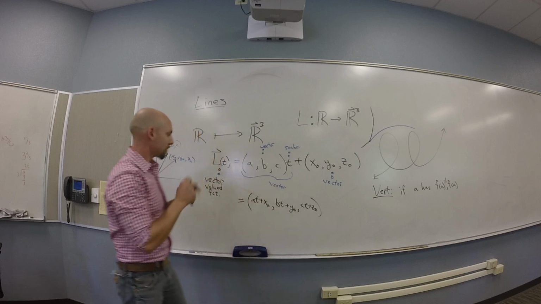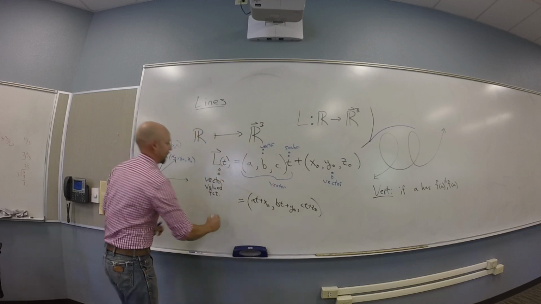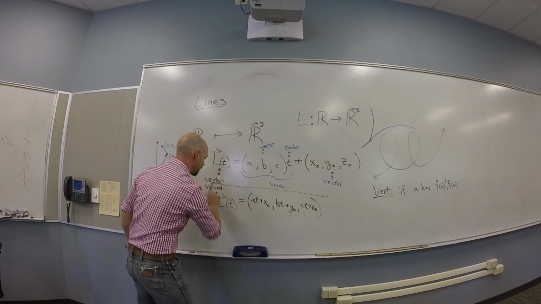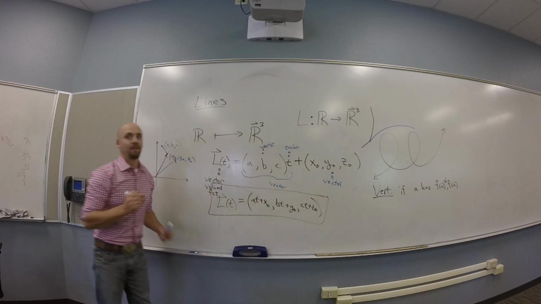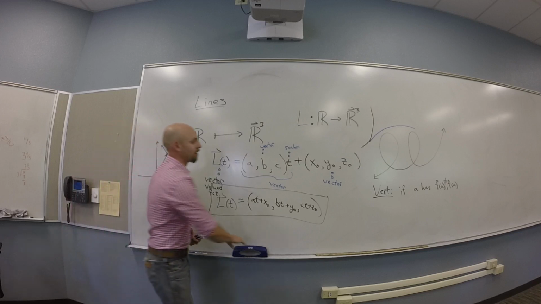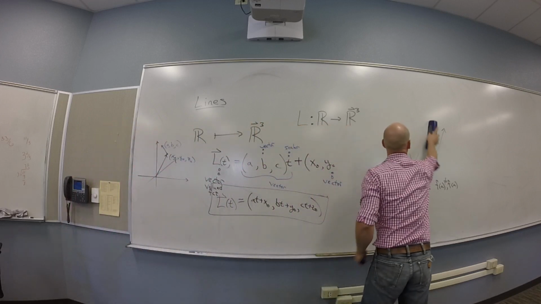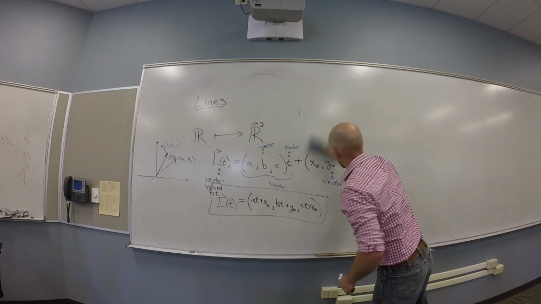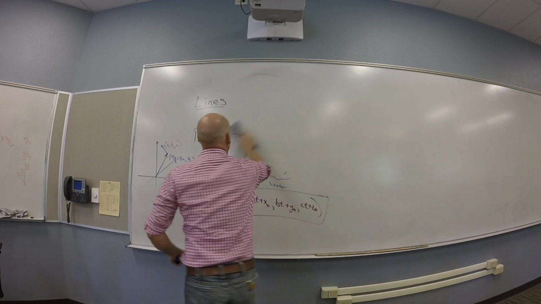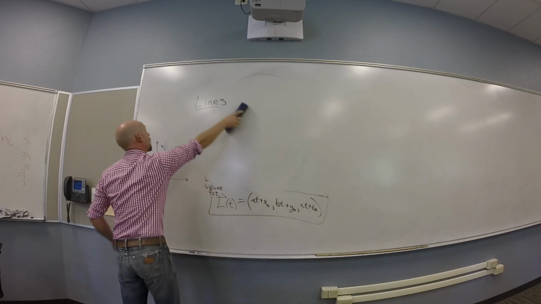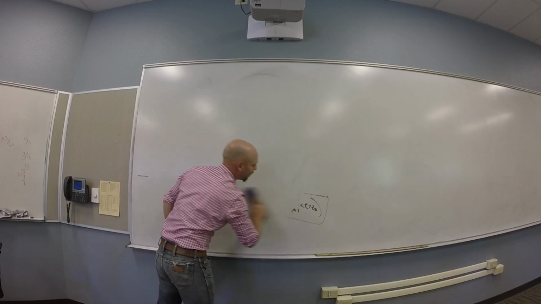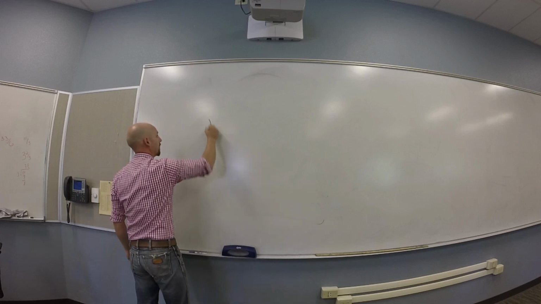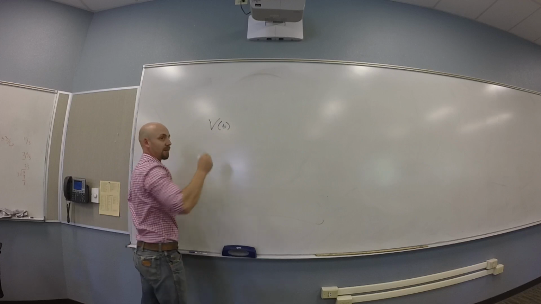Okay, so these are lines. This is what I want you to know about lines. In general, a vector valued function looks like, say, v of t.